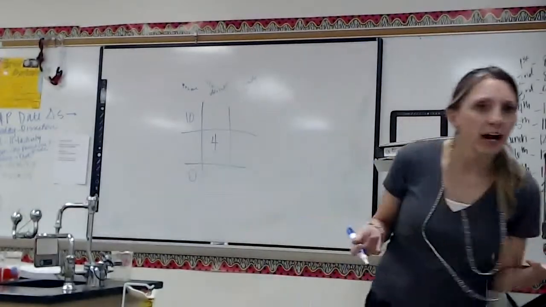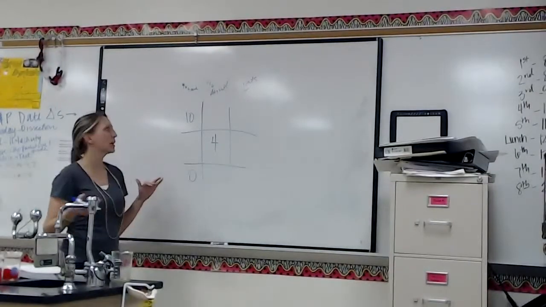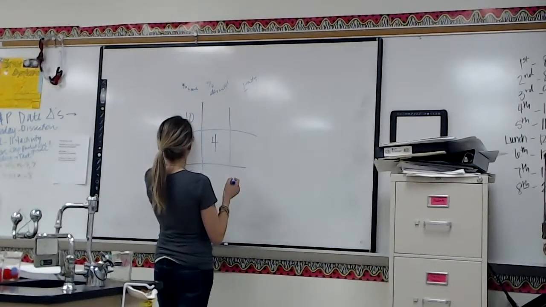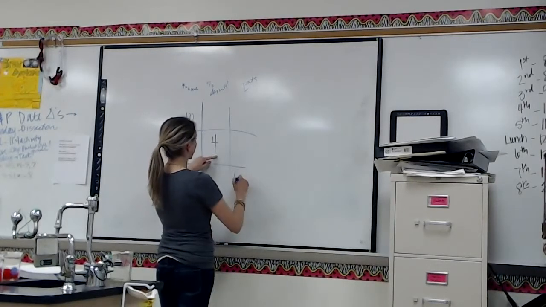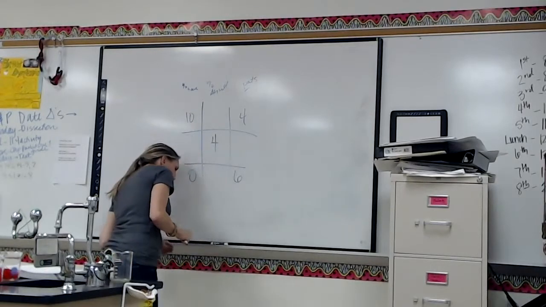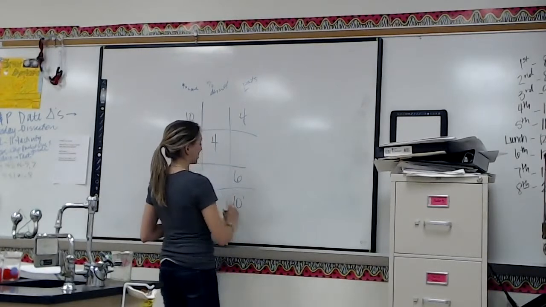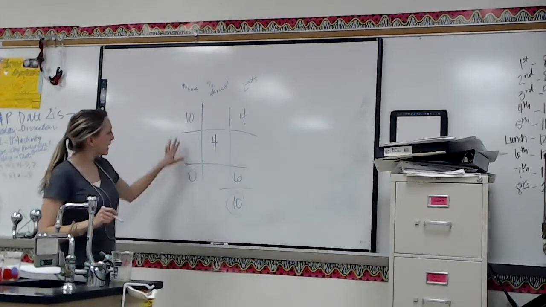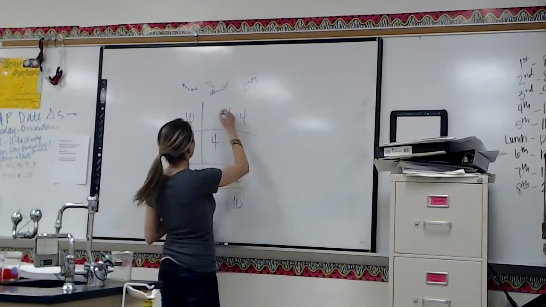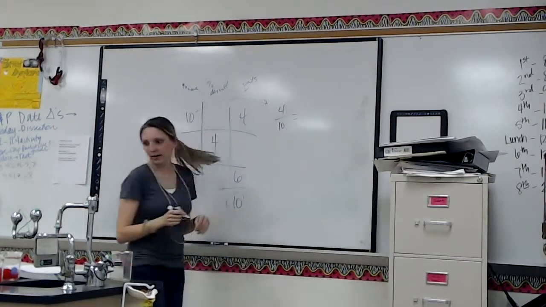And whenever we do that, we can figure it out this way too. So this is another way to figure all that out. 10 minus 4 is 6. 4 minus 0 is 4. Okay, so over here we've got 10 parts total. And we can do the same idea here. So our ratio in here is going to be 4 out of 10.